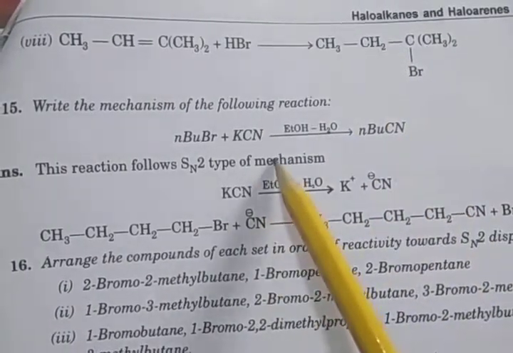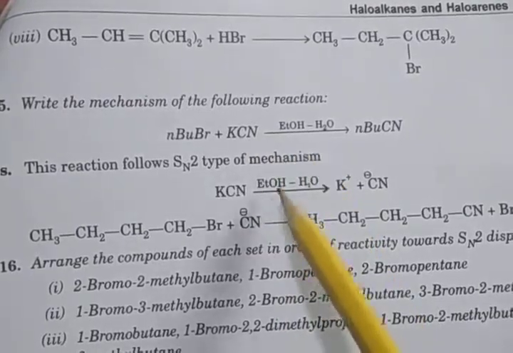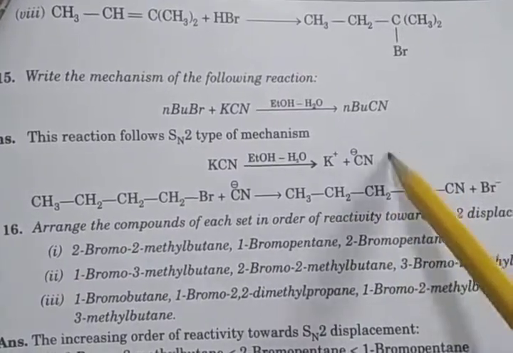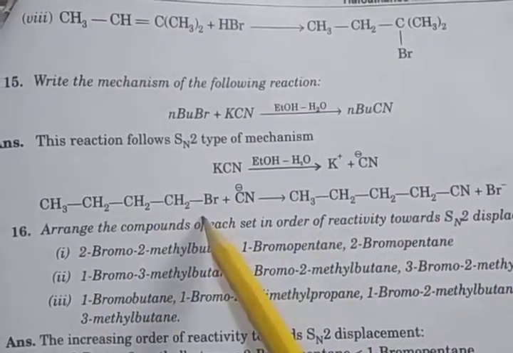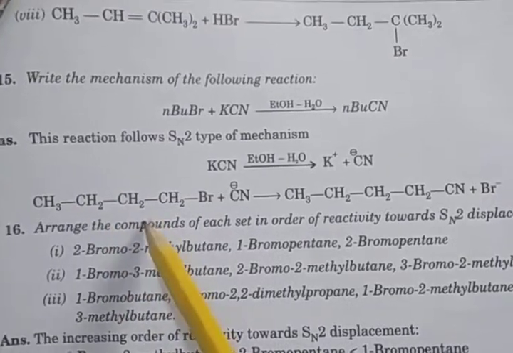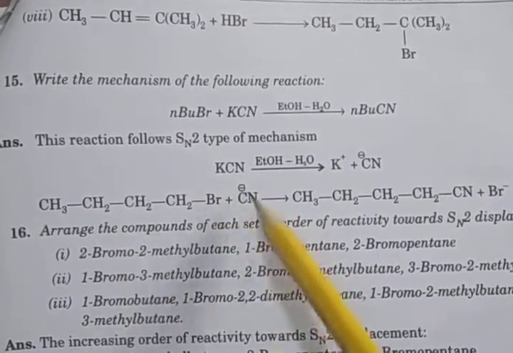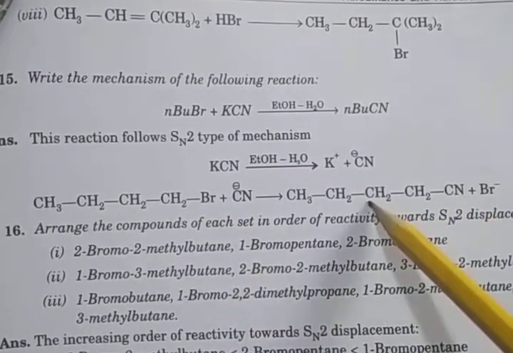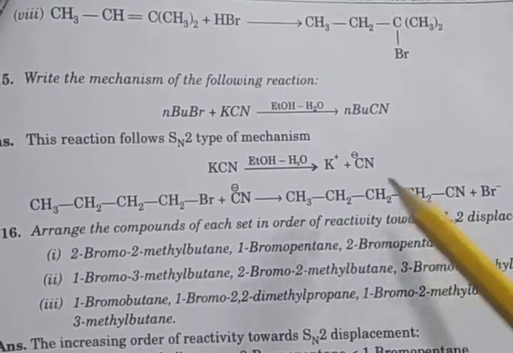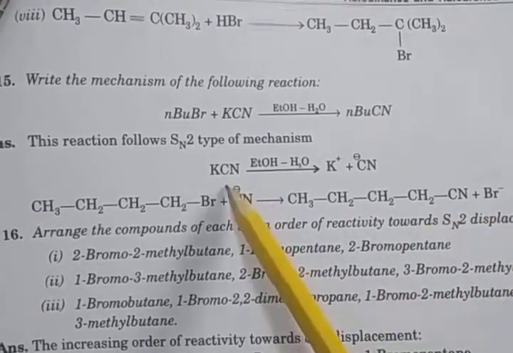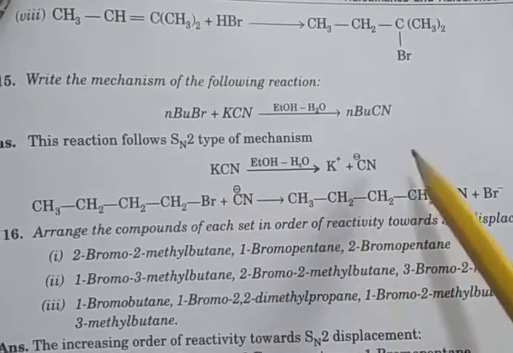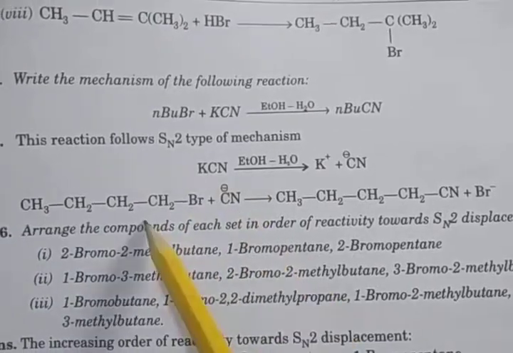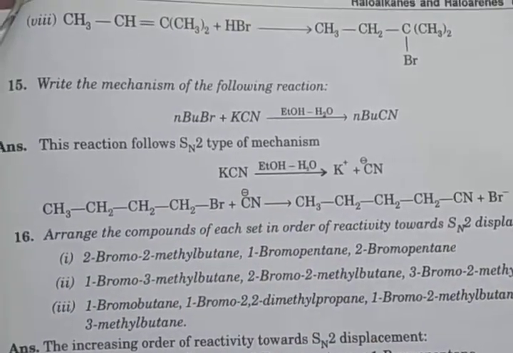You already know that KCN in ethanol first ionizes into K+ and CN-, and this cyanide ion attacks butyl bromide, CH3CH2CH2CH2Br. Br- is removed and cyanide attaches. So butyl cyanide is formed. First KCN ionizes, then cyanide attacks the primary alkyl halide, cyanide attaches and Br- leaves.